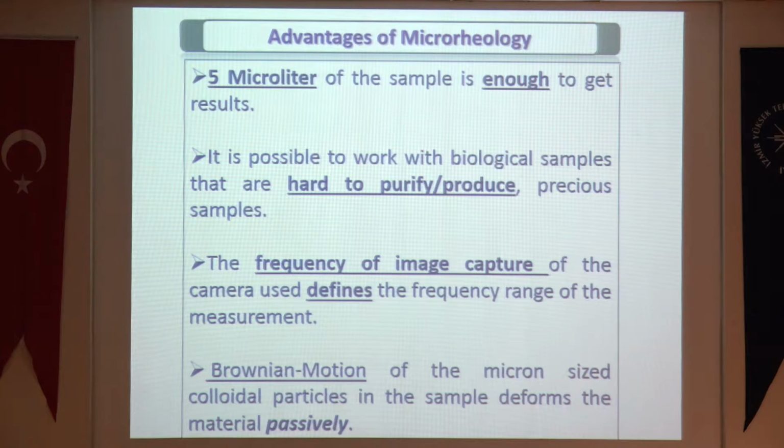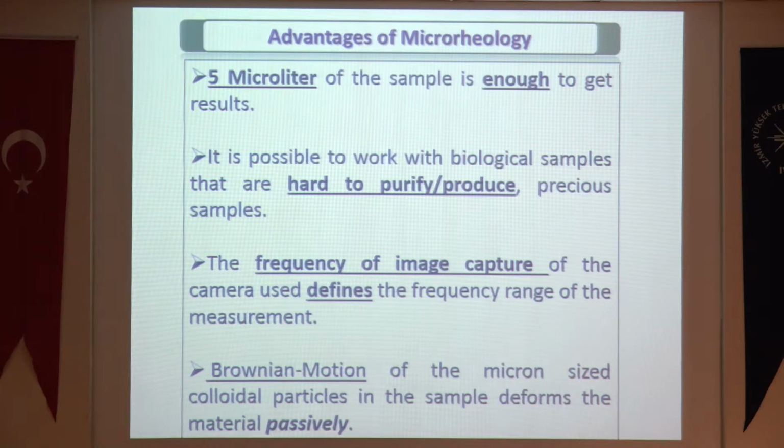The advantage of microrheology is that 5 microliters of the sample is enough to get the results. It is possible to work with biological samples that are hard to purify or produce, and precious samples as well. The frequency of the image capture of the camera defines the frequency range of the measurement.